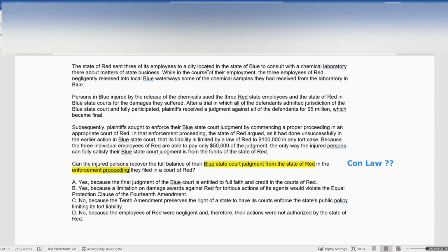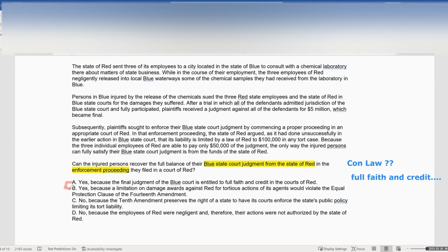That to me is an indication of the full faith and credit clause, which means you guys should be thinking that the answer should be yes, because every state needs to give full faith and credit to the laws of other states, including judgments in this case. So I would be favoring the yes answer choices.